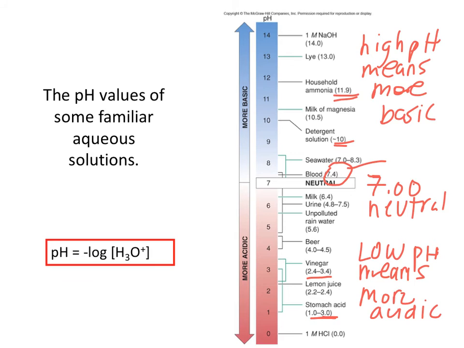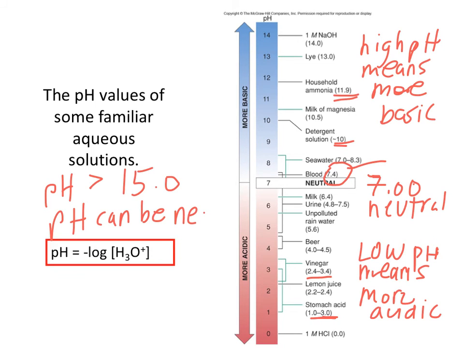And what you might not know is that pH can be greater than 15, and pH can be negative. Usually people don't think like that because when you talk about pH in biology, it's usually between 1 and 14. But pH can be negative and pH can be 15 or more.